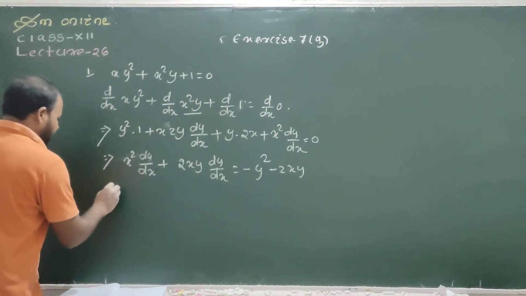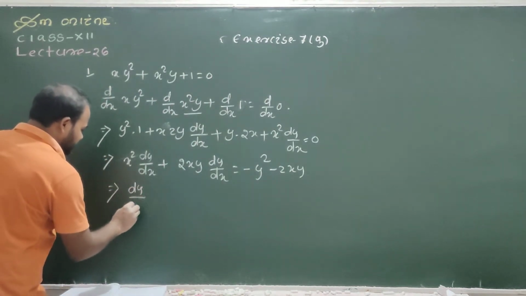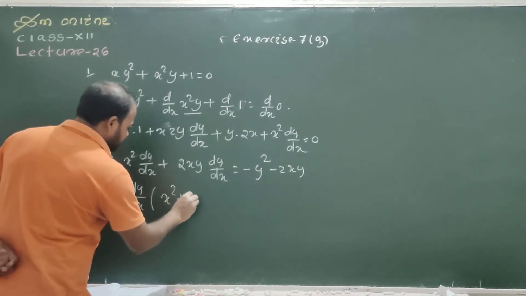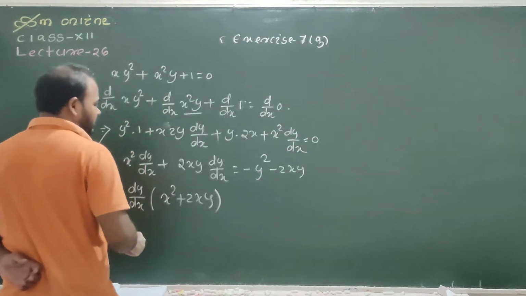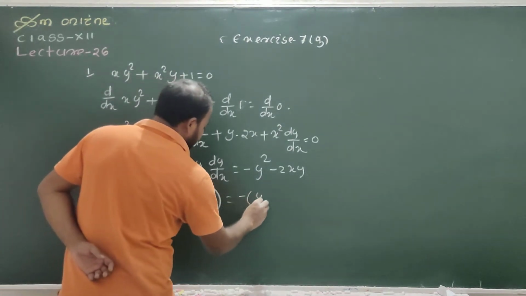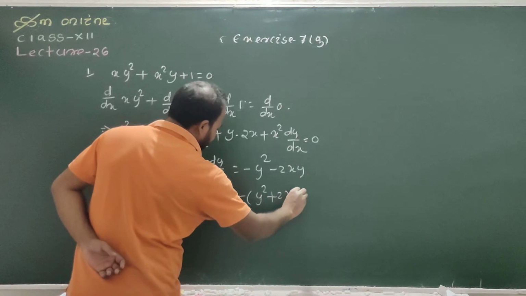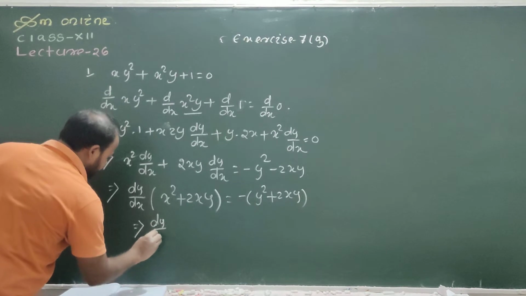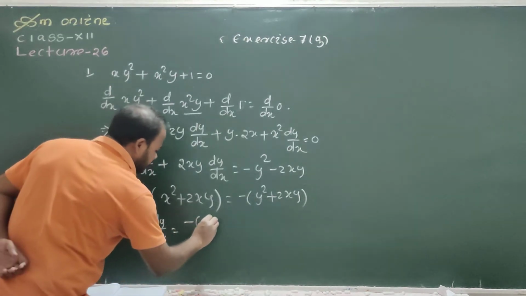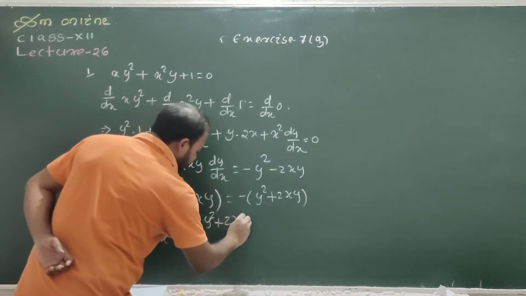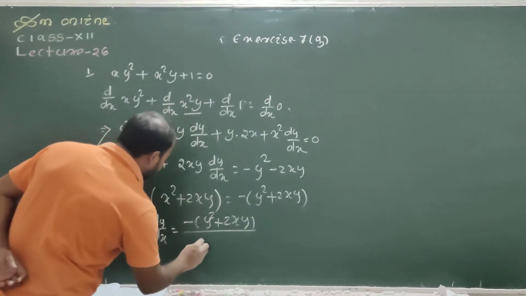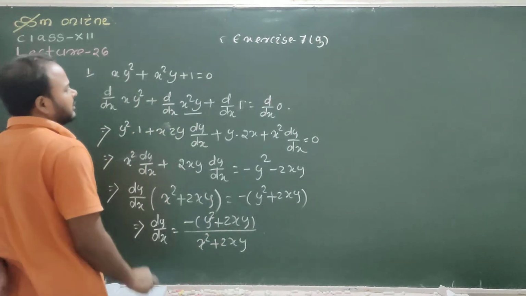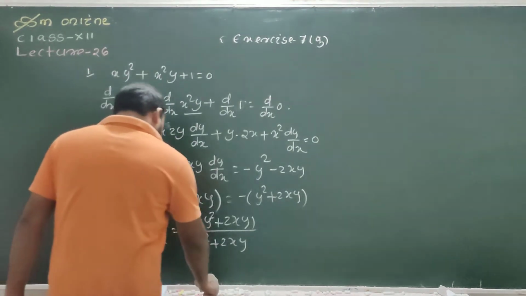After taking dy by dx common, x square plus 2xy equal to minus y square plus 2xy. Finally we get dy by dx equal to minus of y square plus 2xy upon x square plus 2xy. Okay, now move to question number 2.